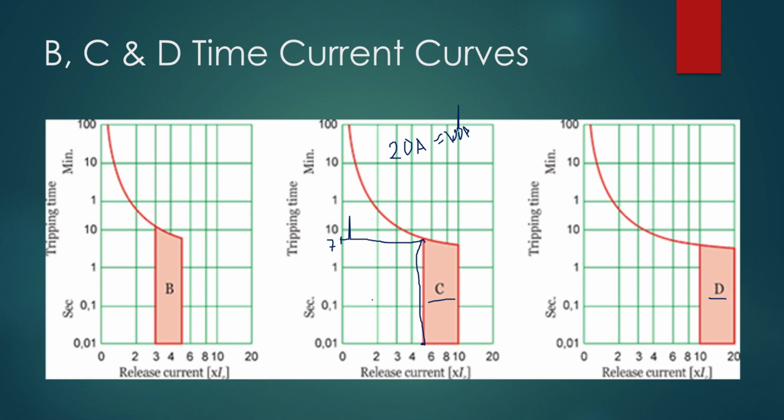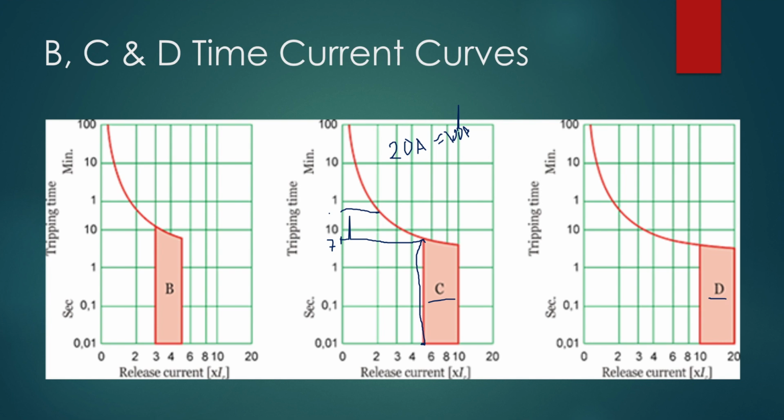The inrush current might be 2 times its rated current, let's say. And in our example, it's 40 amps, so it reached 40 amps, it's going to be here. And that gives the breaker around maybe 50 seconds, 40 seconds to trip. So usually inrush currents do not take that much time to trip.